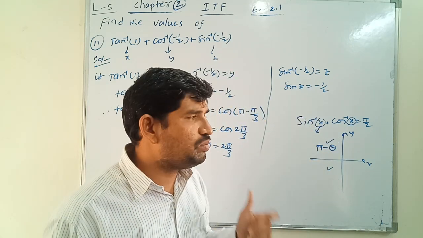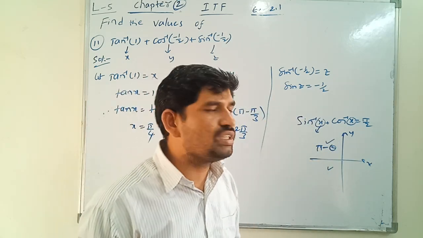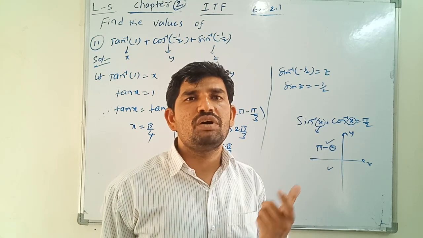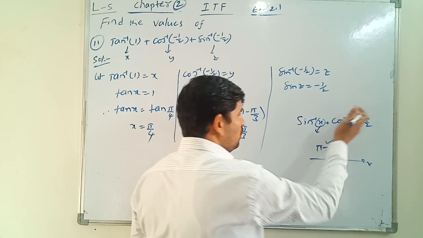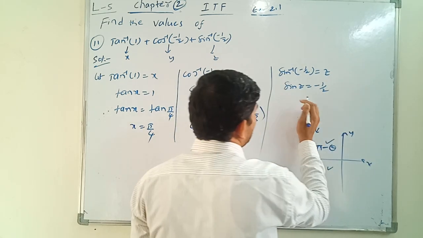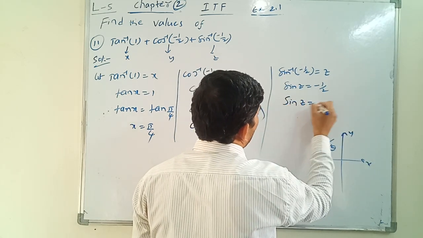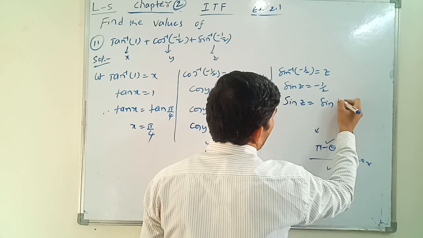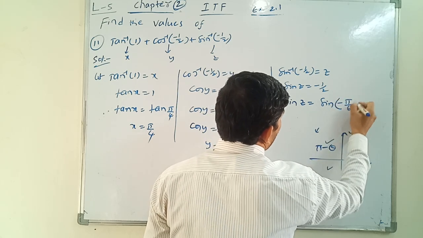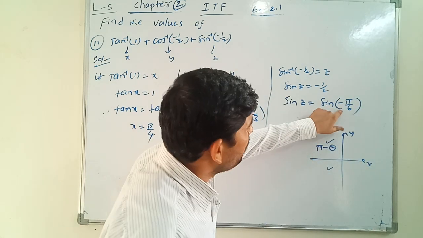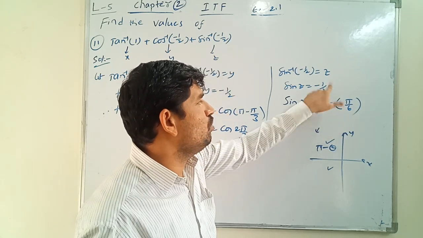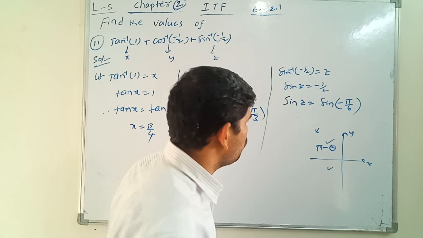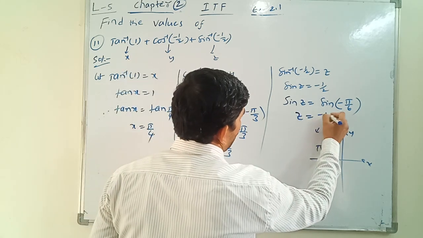Observing the range of sin inverse, it is between minus pi by 2 to pi by 2. So it has negative angles also. So I will write sin z is equal to sin of minus pi by 6. Sin of minus theta is minus sin theta. So minus sin pi by 6 is minus 1 by 2. So the z value is minus pi by 6.